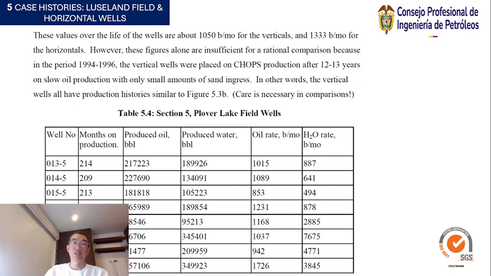However, these figures alone are insufficient for a rational comparison because in the period 1994 to 1996, the vertical wells were placed on CHOPS production after 12 to 13 years on slow oil production with only a small amount of sand ingress.